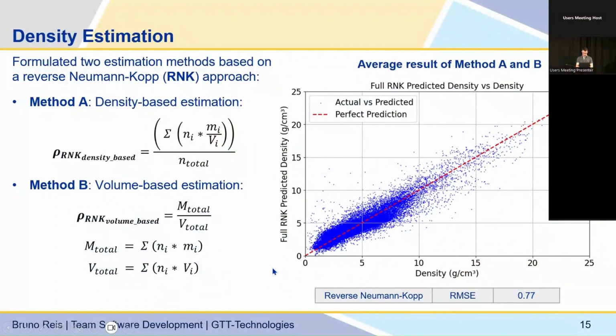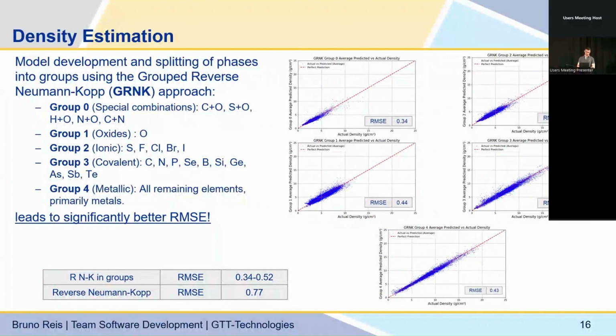And the nice thing about this work was that it was identified later that once you separate the different materials into their respective chemical groups and wisely select a combination of those groups, you can get a much better fit. So for each single group here, you see the root mean square error going down.